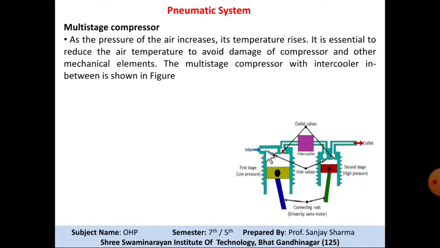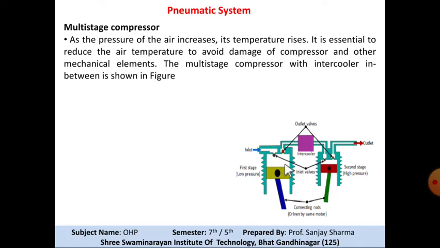The reason is that once the air enters the stage 1 compressor, the volume of air is reduced, and as the volume of air is reduced, the second stage compressor is of a smaller size.